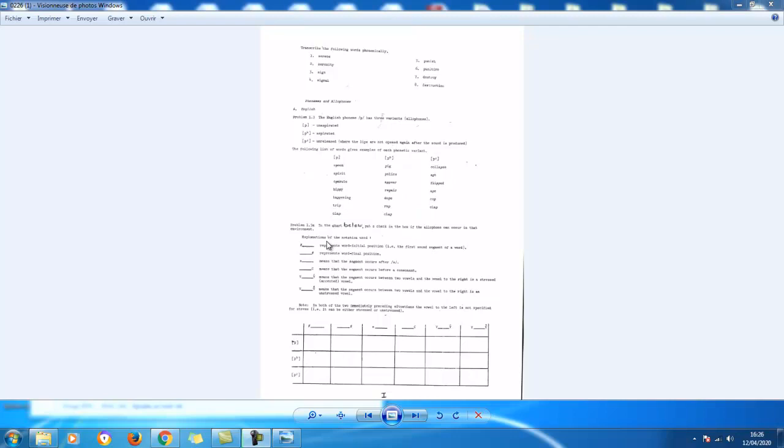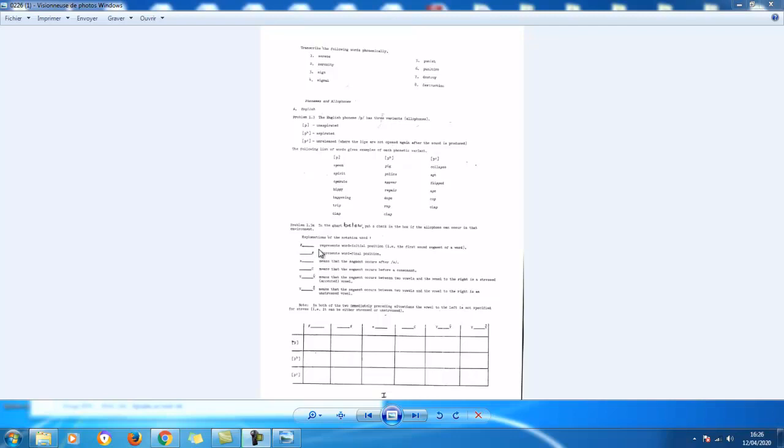Now let us first of all explain the notation given to you to help you understand the chart and to help you work alone on these words. So problem 13a. In the chart below, this is the chart, put a check in the box if the allophone can occur in that environment.